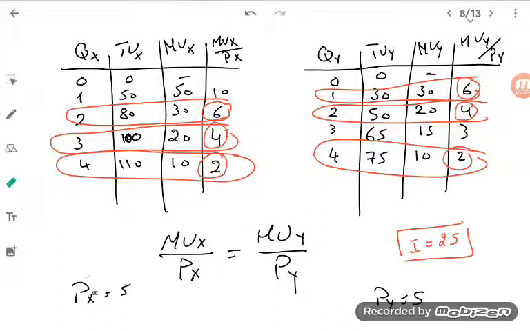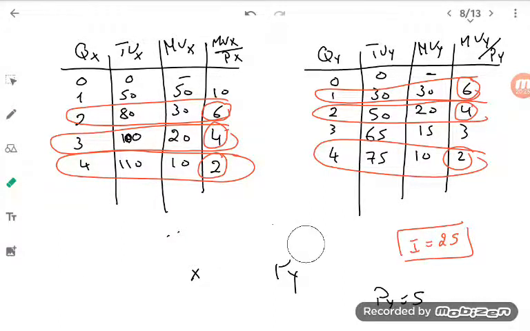So here, let's start with combination number 1. 2 multiplied by the price of X, which is 5, plus 1 multiplied by the price of Y, which is 5 as well. This is 10 plus 5, it's 15.